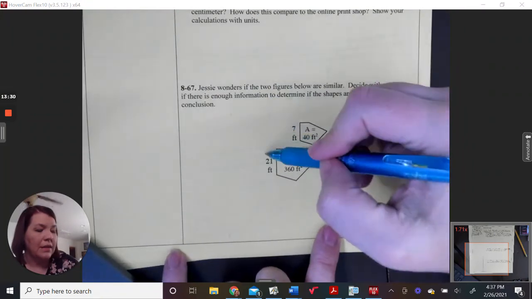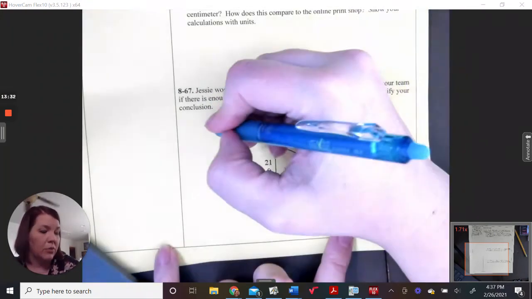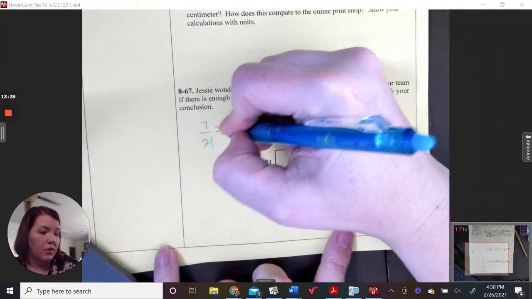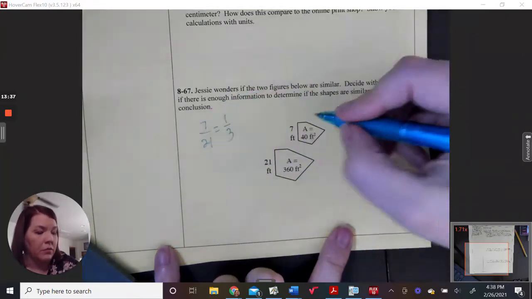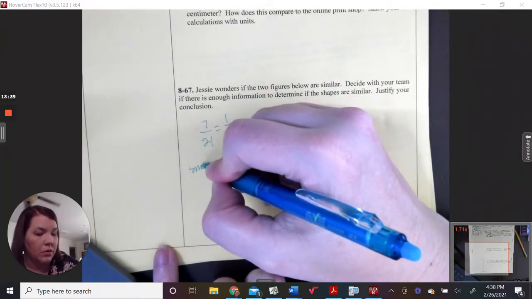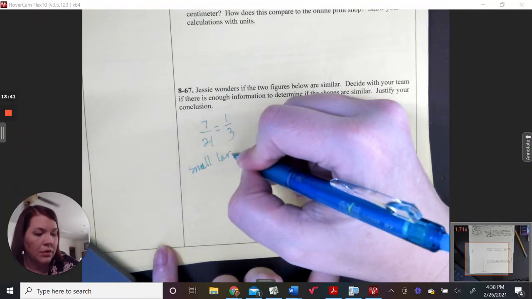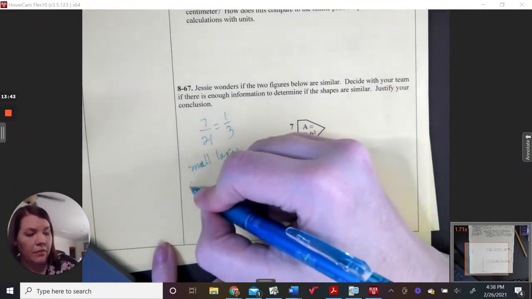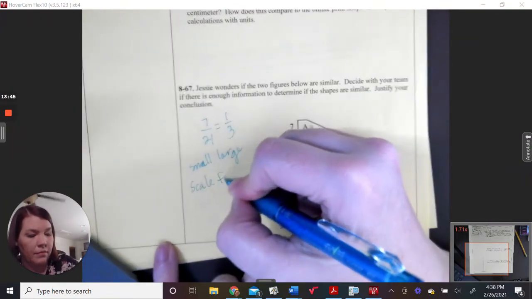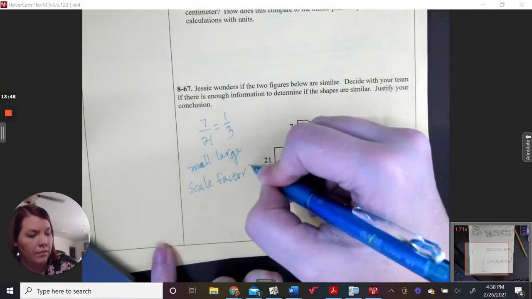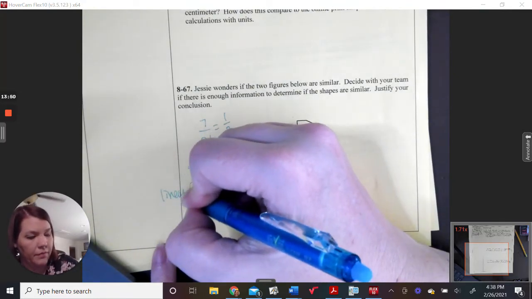Linear scale factor. Okay, so what's going on with the areas? So area, I'm going to put small on top, 4 over 36, which is 4 goes into 36 9 times. And so if I flipped it, 9 to 1 is my area scale factor. Is that reasonable?